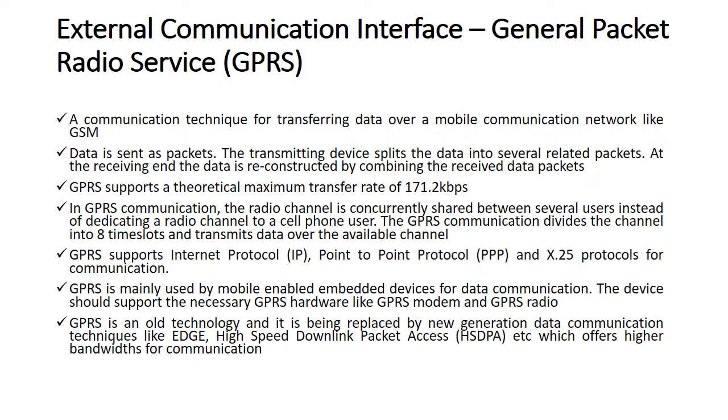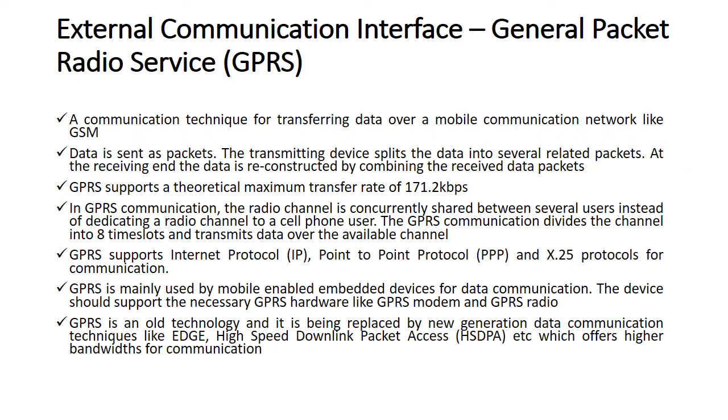GPRS communication divides the channel into 8 time slots and transmits data over the available channel. GPRS supports Internet Protocol IP, Point-to-Point Protocol PPP, and X.25 protocol. X.25 means packet switched data communication in wide area networks.